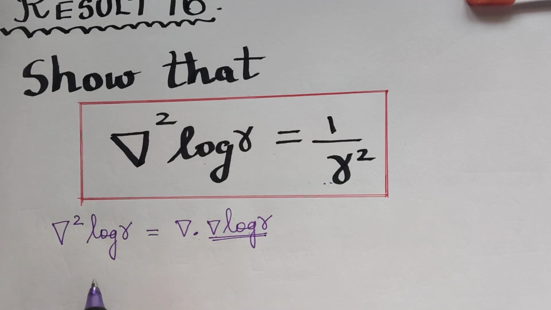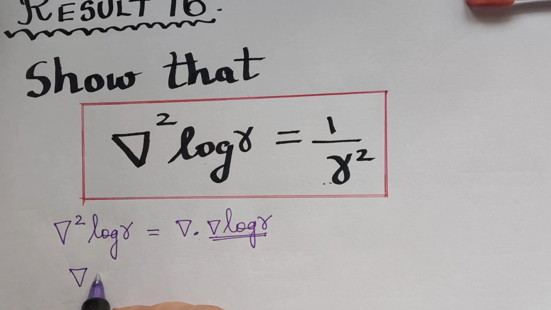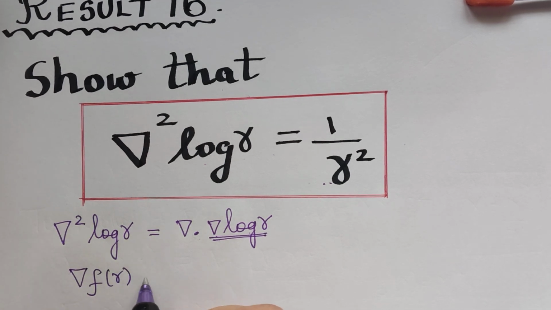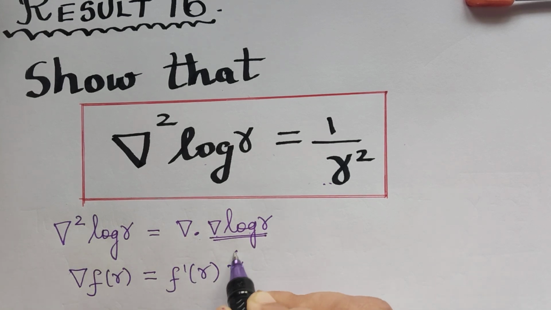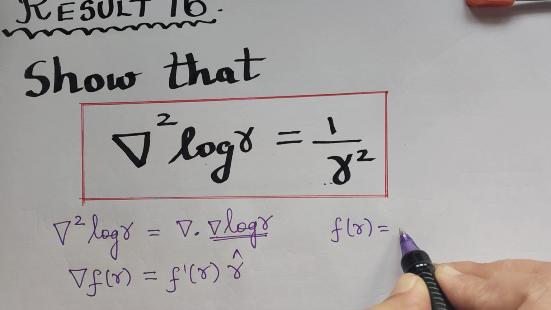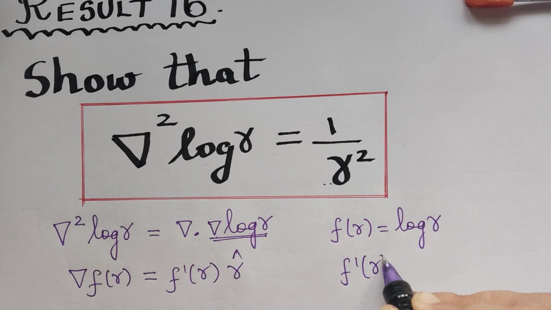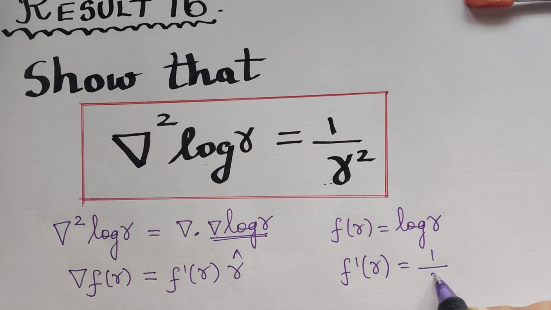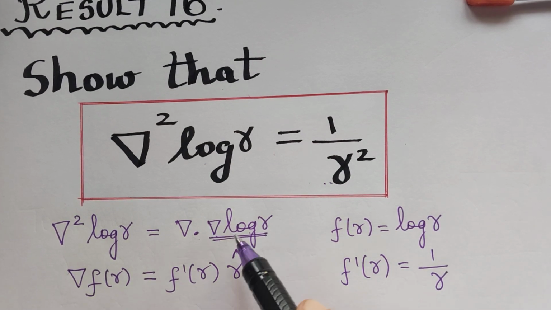To find nabla log r, we will make use of the formula which we have learned previously, that is nabla f of r is equal to f dash of r multiplied with r cap. Now f of r is equal to log r. So what will be f dash of r? It will be equal to 1 by r. So we have to proceed by making this substitution.